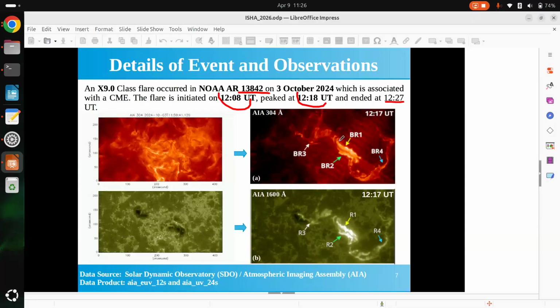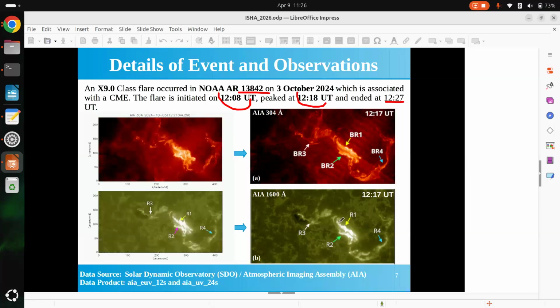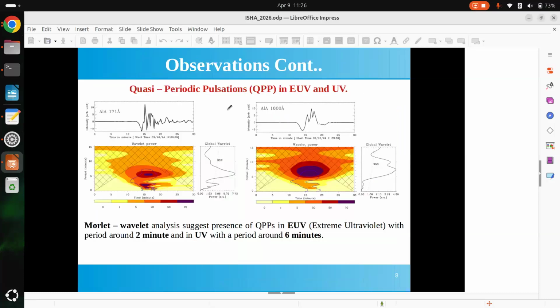Associated with these 4 flare brightenings, we observed 4 flare ribbons. When we investigated the emission of the solar flare, we obtained quasi-periodic pulsations in the extreme ultraviolet and ultraviolet range.